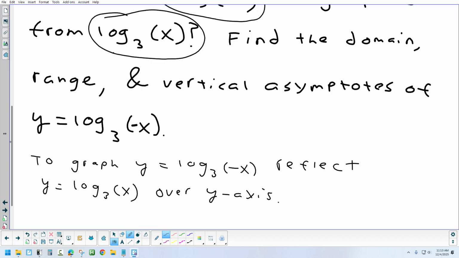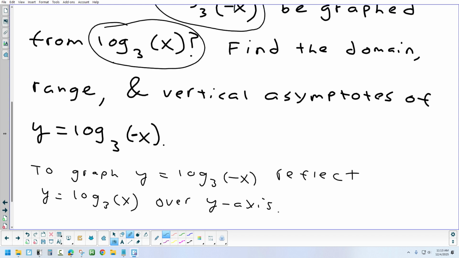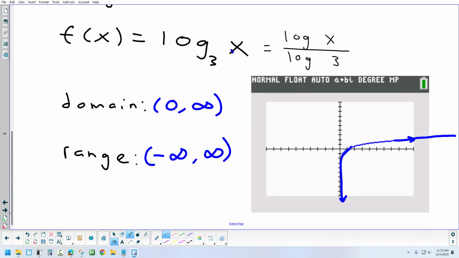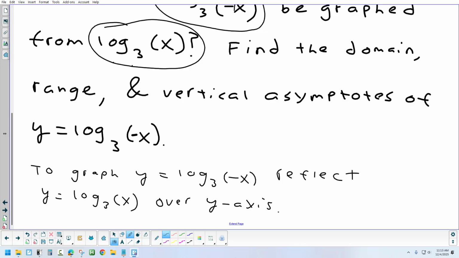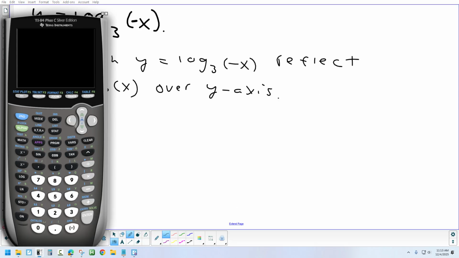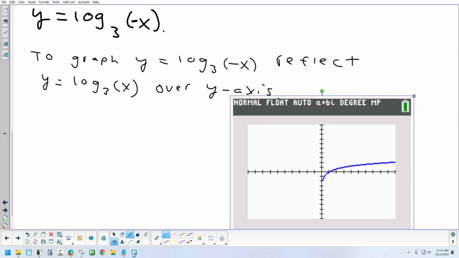Now they want the domain, the range, and the vertical asymptotes. Well, we just graphed log base 3 of x. That's the one that we just did right here. So let's take that picture again, and let's reflect it over the y-axis and see what it looks like. Remember, this part keeps coming down.